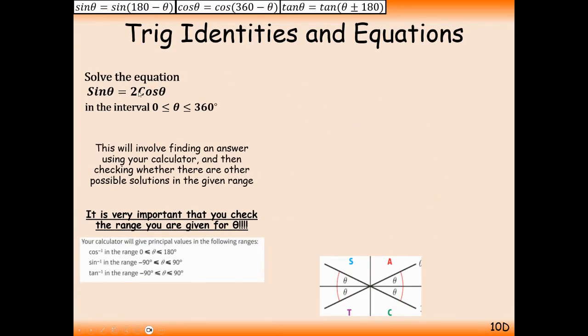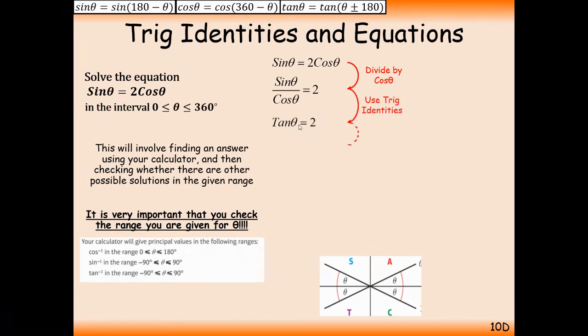Solving this equation, we've got sine and cos in the same equation. Now remember, this means that we go ahead and use tan. We're going to have to write sine over cos so that we can turn it into tan. This means that we have to divide both sides of this equation by cos, and then we write tan theta is 2.